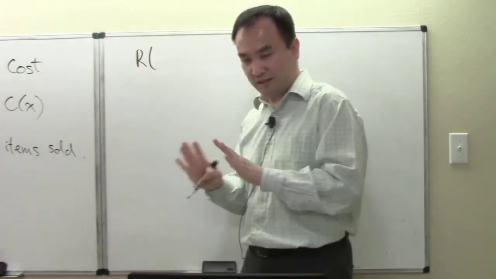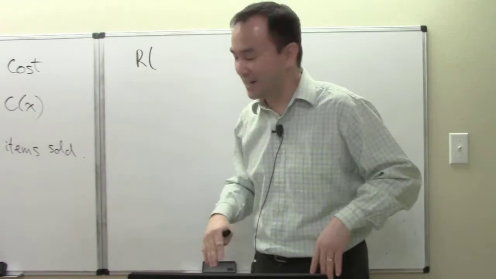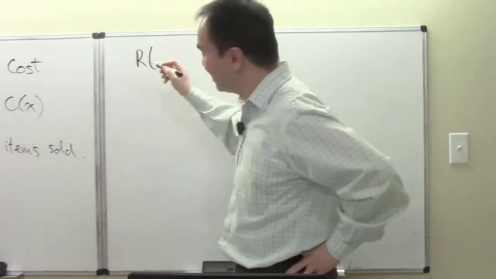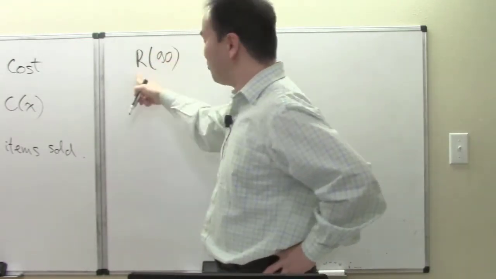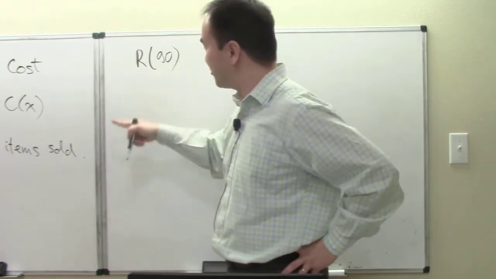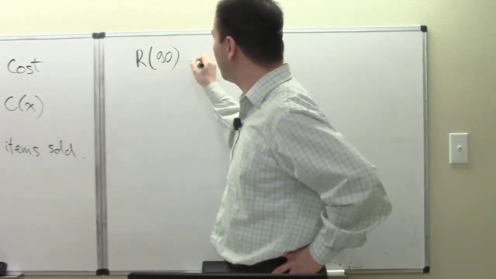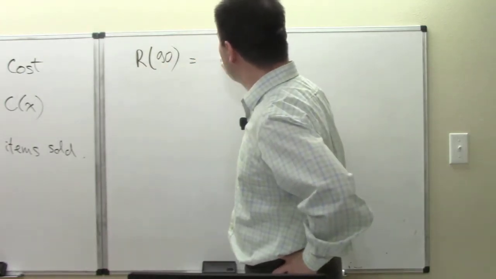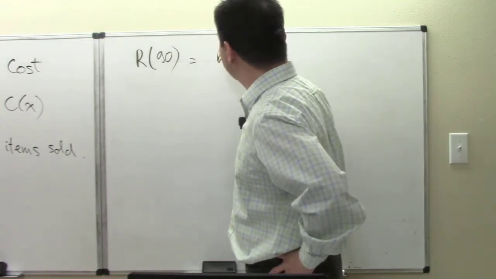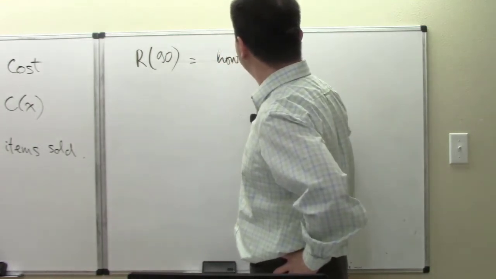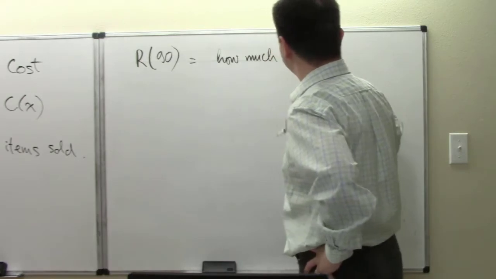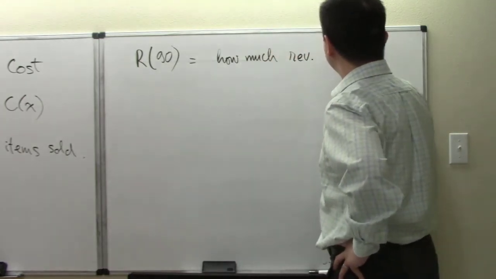I'm not talking about marginal, and we're nowhere into the marginal yet. So R of 90 is simply, once we know our revenue function, basically how much revenue is made.